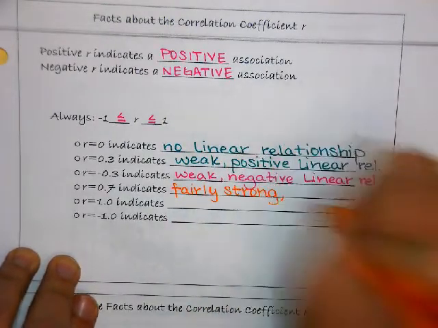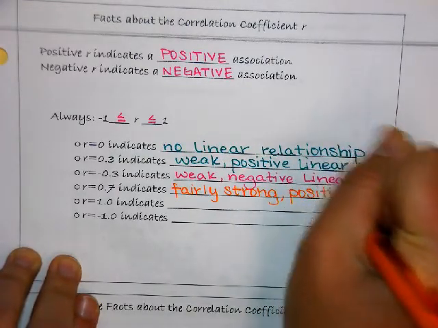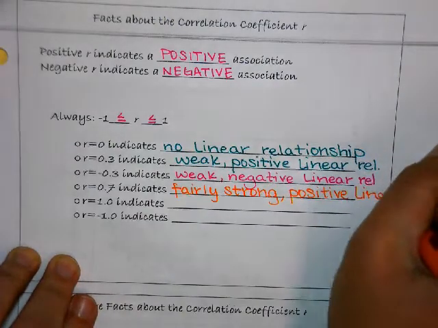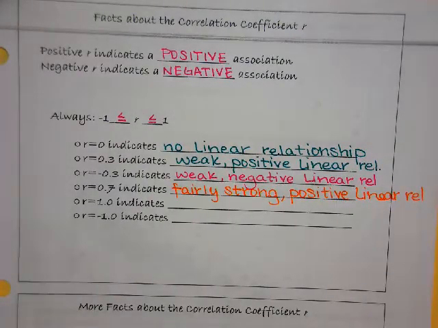If you get R equals 1, or really close to 1, like 0.99, 0.98, that would be a very strong positive linear relationship.